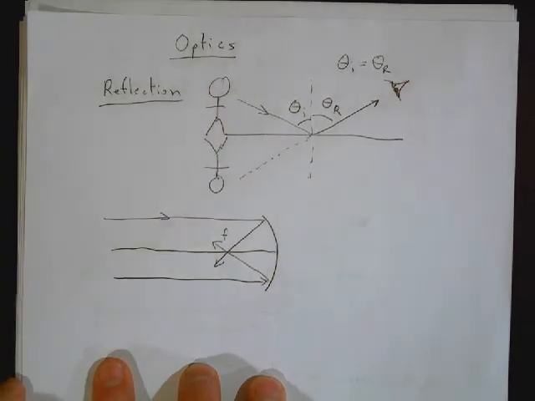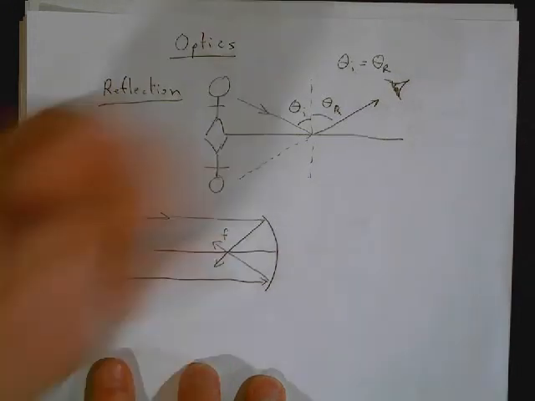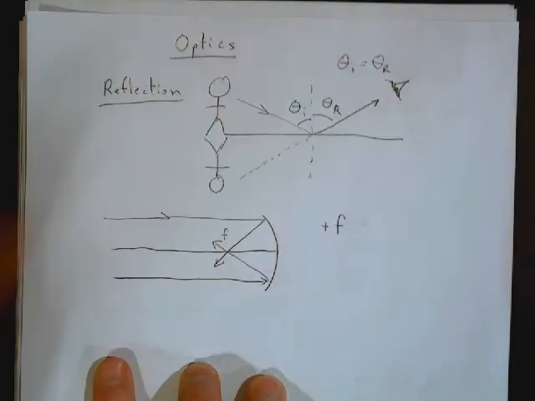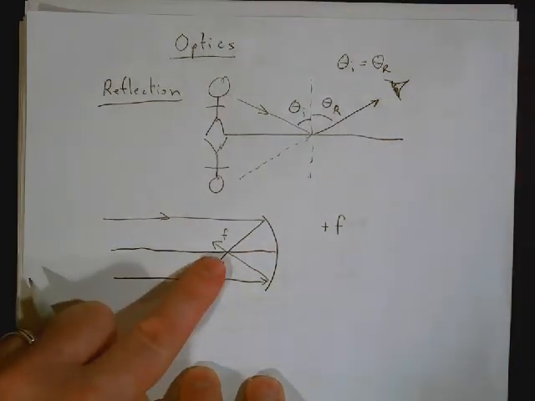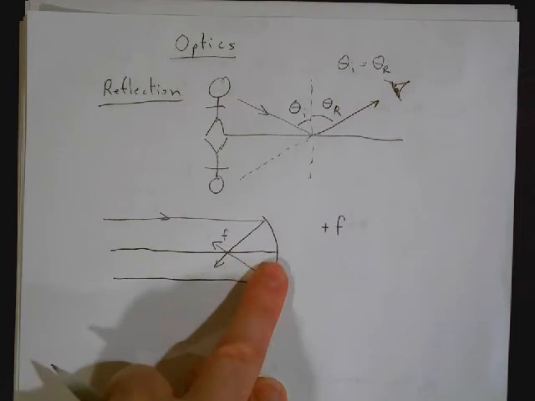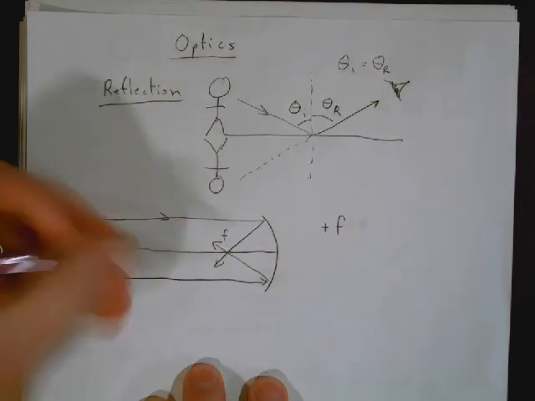That single point is called the focal point. Do you see how the light is really going there? That means that in your equation, when you're doing it, it would have a plus. The F would be plus because it is a real focal point, or in this case, from here to here would be your focal length.